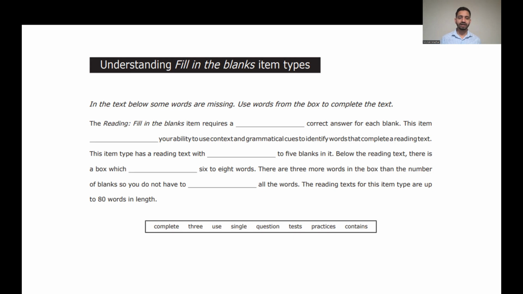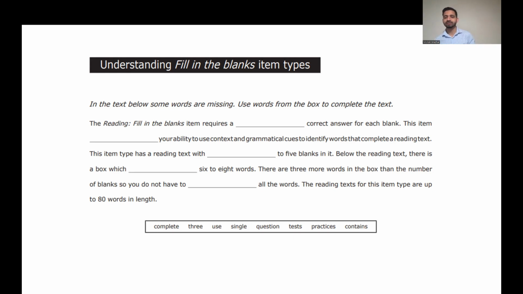So this item type, and I'm going to show you the answers real quick after this one. But I just want you to see how I am attempting this activity. All right, this item, your ability to use context and grammatical cues to identify words that complete a reading text. This item tests your ability, right?